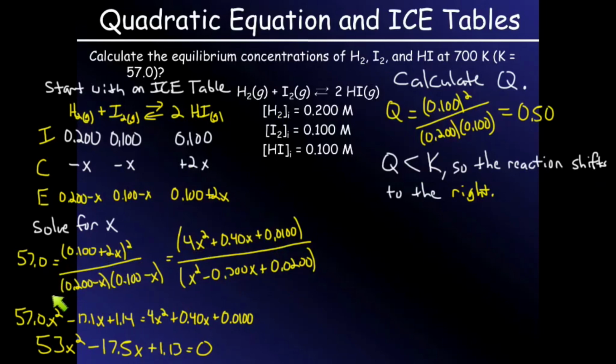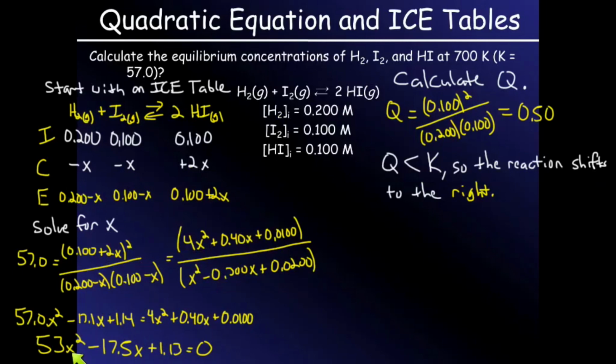So that's what I've done. 57 times this whole thing right here becomes 57x squared minus 13.1x plus 1.14, and then that is set equal to what was over here in the numerator. I then collect all my terms, put everything on the left-hand side, set it equal to 0.